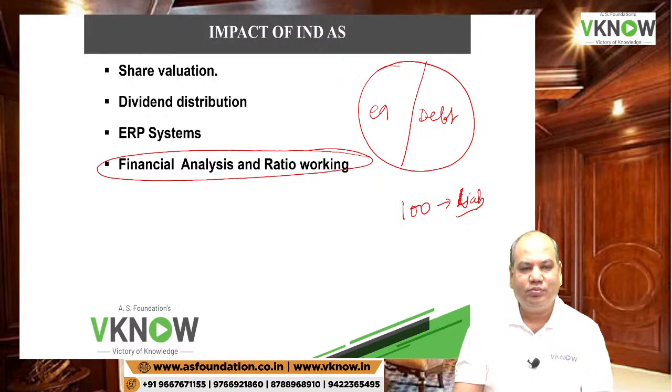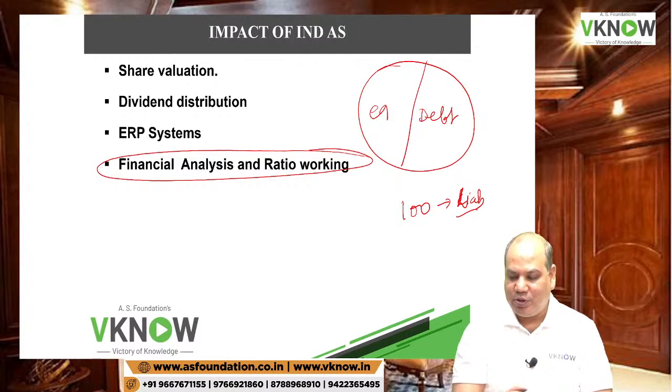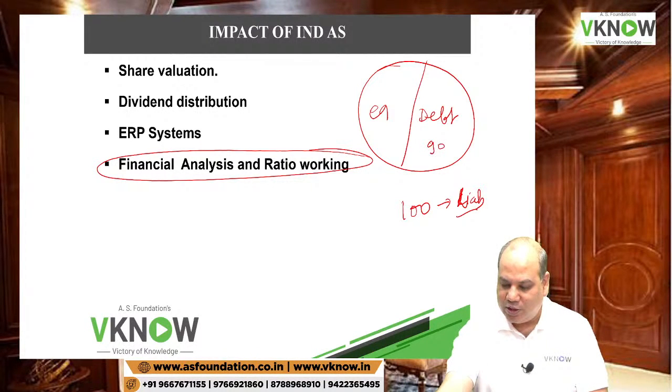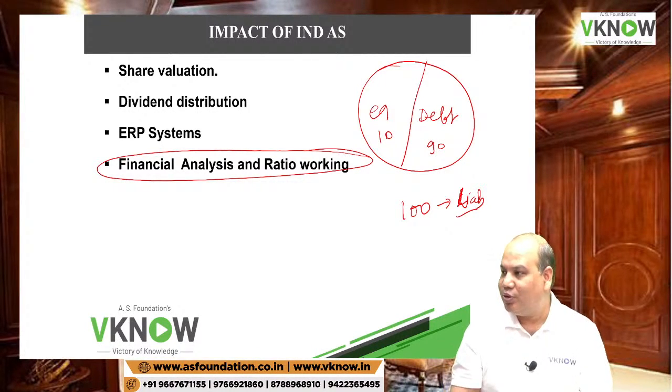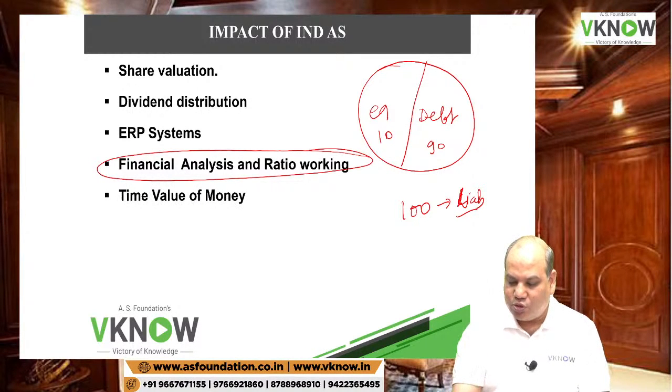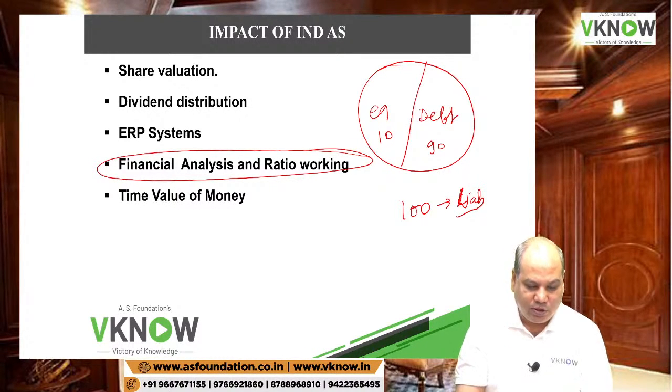So now the debt portion of 100 rupees may become only 90 and I have to shift 10 to equity. Similarly, preference shares which we have been showing under share capital for ages, if redeemable, will come under debt. So your debt equity ratio will change. Current ratios will change. All key ratios of performance analysis will change.